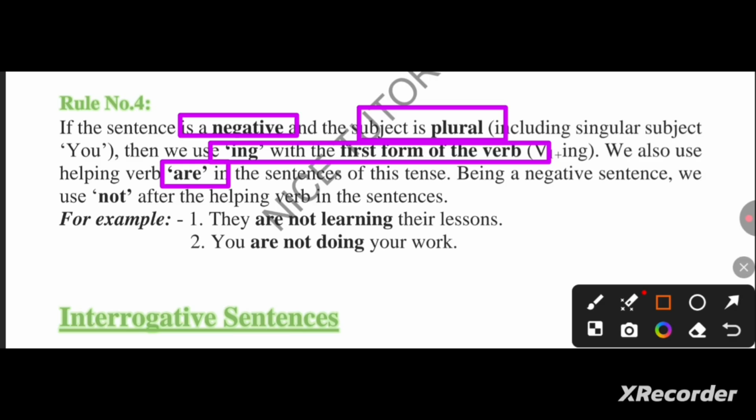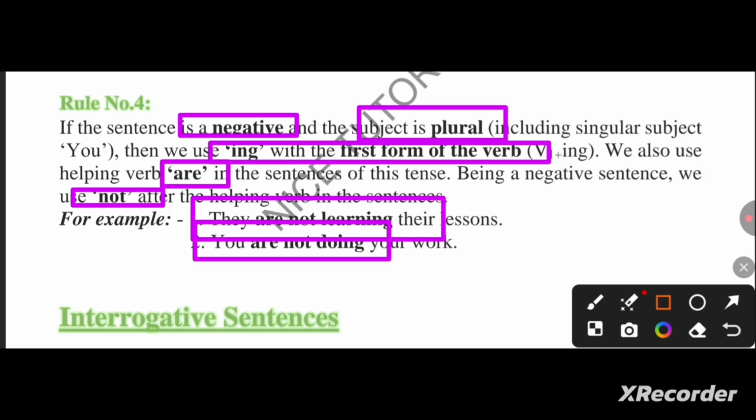As it is a negative sentence, that's why we have used not. For example, they are not learning their lesson. You are not doing your work. Here the same rules have been used. Helping verb are has been used. Ing with the first form of the verb has been used.